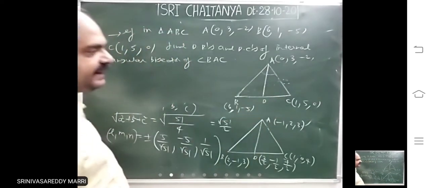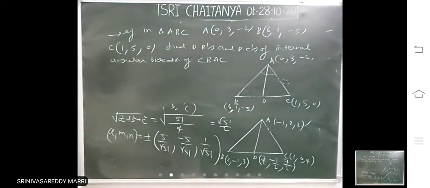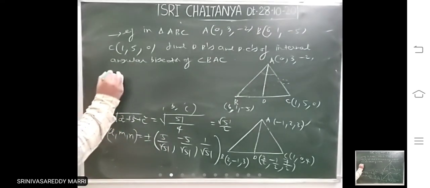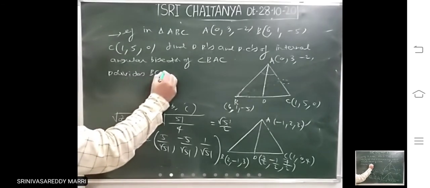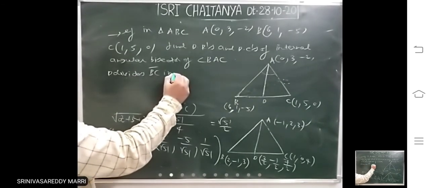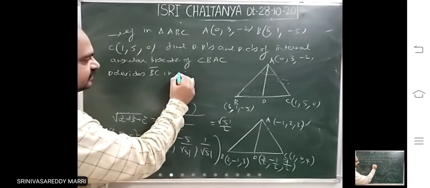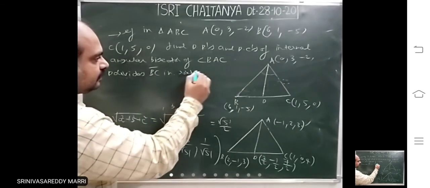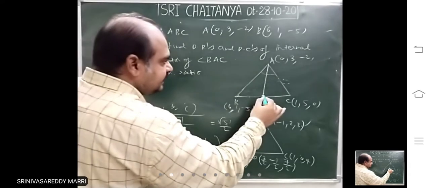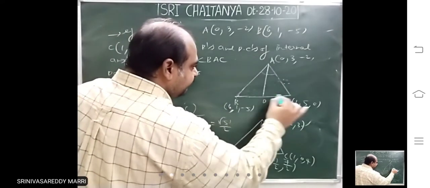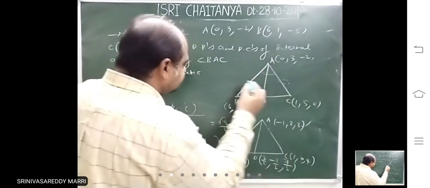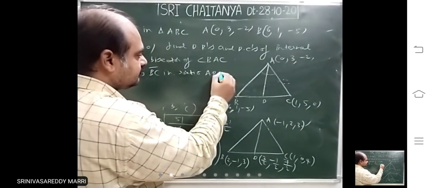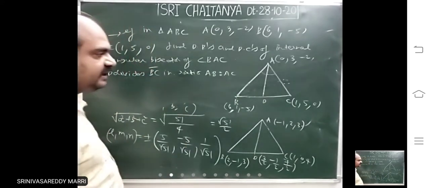Number of times we have done: if the angular bisector meets the opposite side at D, then D divides the BC line segment in the ratio AB is to AC. In that ratio it will divide.